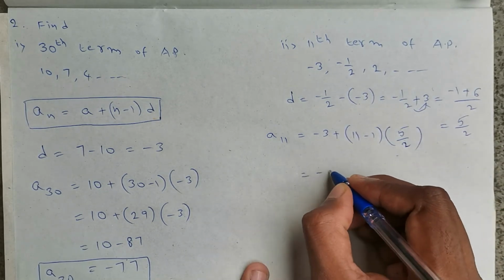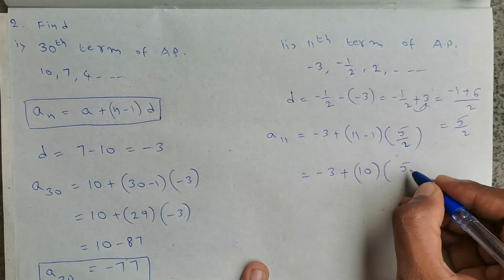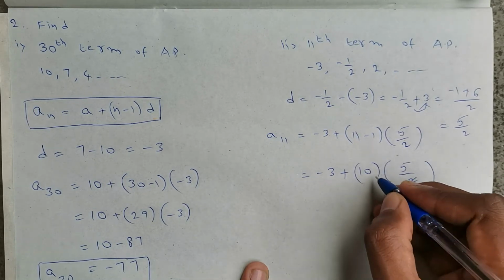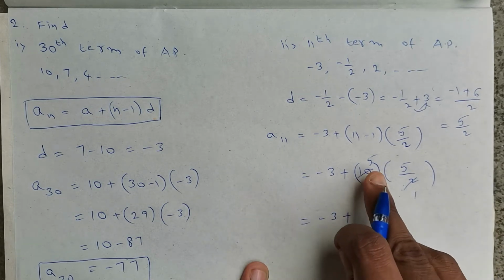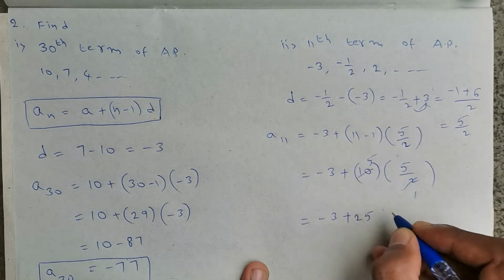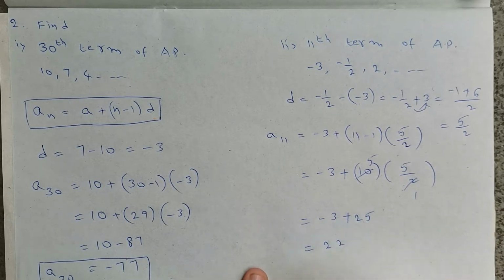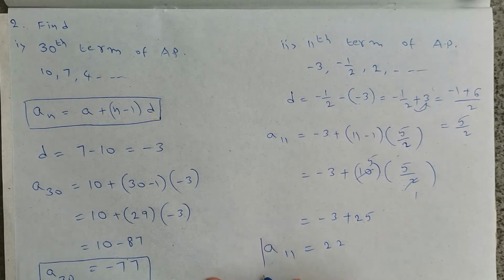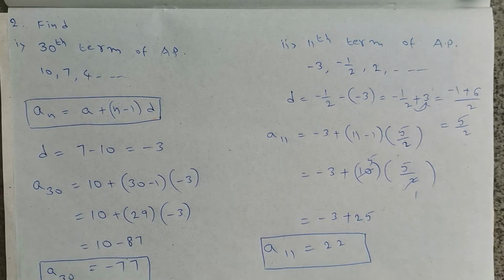So we get minus 3 plus 11 minus 1, 10, into 5 divided by 2. 2 ones are 2, 5s are 25. So we get minus 3 plus 5 into 5, 25. Minus 3 plus 25 is nothing but 22. So a11 is equal to 22. That is, the 11th term of the given AP is 22.